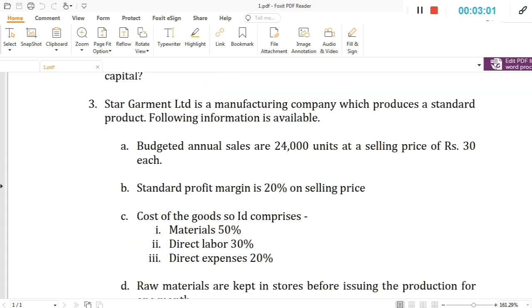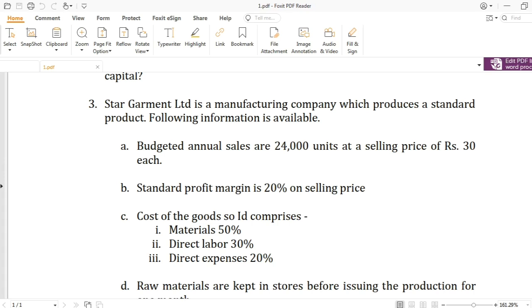Star Garments Limited is a manufacturing company which produces a standard product. The following information is available. Budgeted annual sales are 24,000 units at a selling price of rupees 30 each. So the selling price per product is 30 rupees.